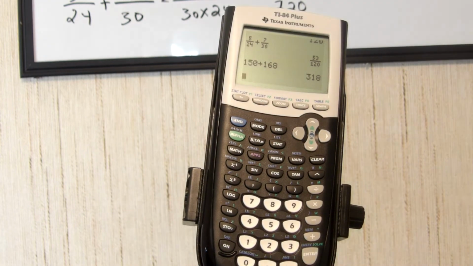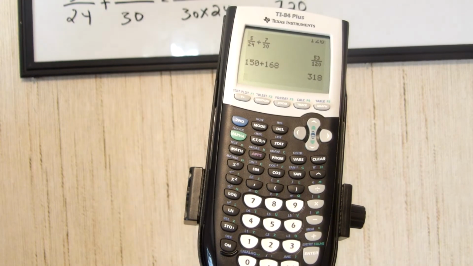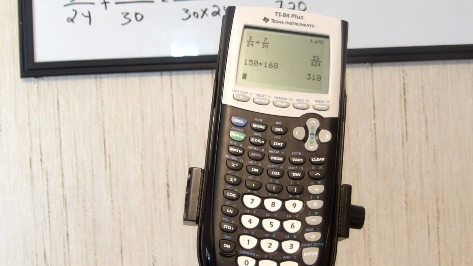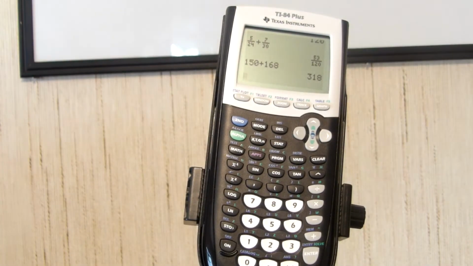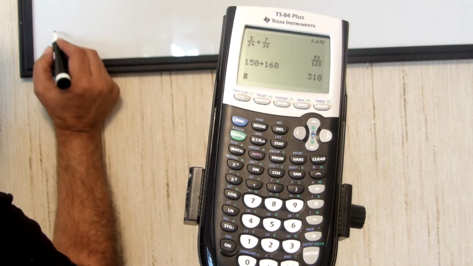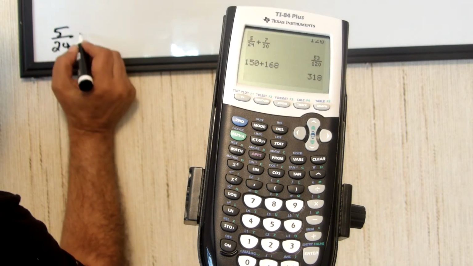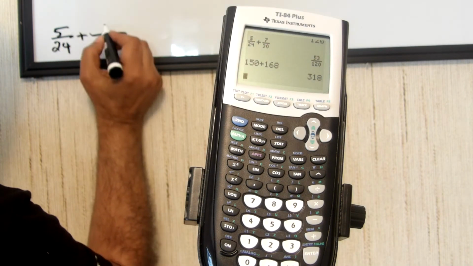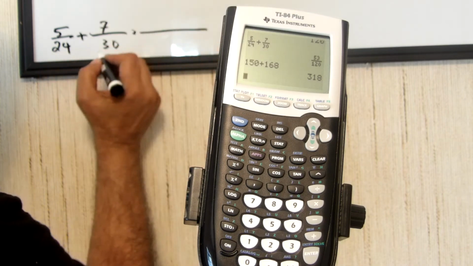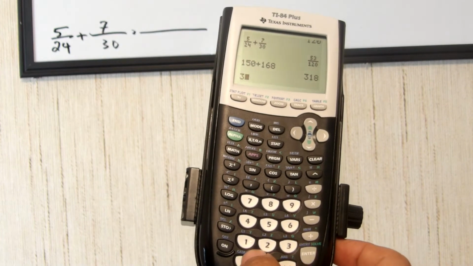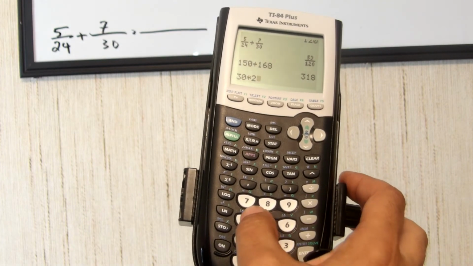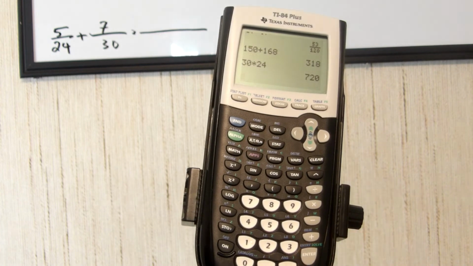Or maybe I should write it this way. There is not enough space. I'm sorry. I think you can see this one: 5 over 24 plus 30 over 7. If you multiply 30 by 24, we call it 720.